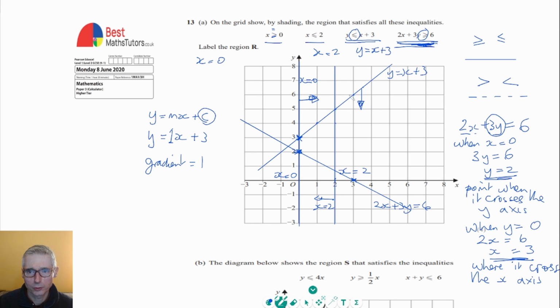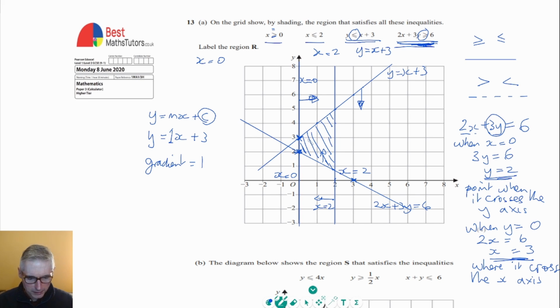So that means greater than, we're going to actually be above this line, because this is the line 2x plus 3y equals 6. So if we shade in the region that satisfies all those conditions, that's actually going to be here. This is a trapezium, actually, the shape, because we've got two parallel sides at either end.